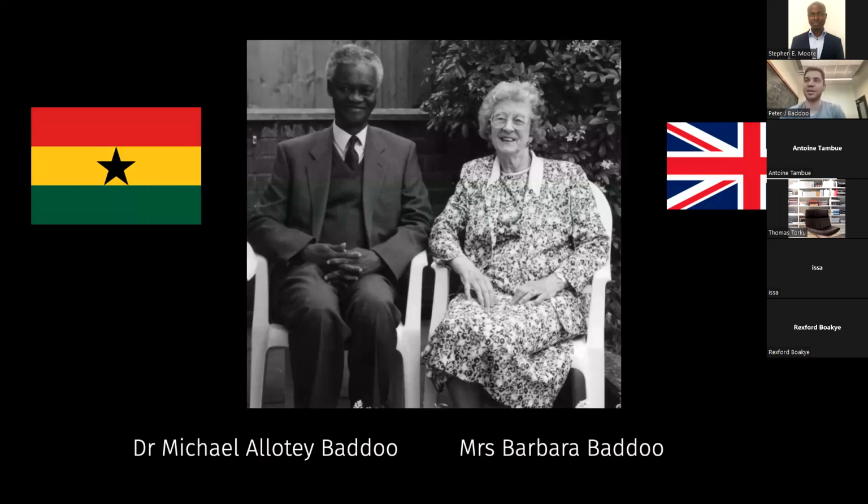I should have included a picture of it. They met during the Second World War when my grandmother was evacuated to Cambridge, and my grandfather was studying to be a medical doctor at Cambridge at the time. So I'm very grateful for the heritage that they've given me, and that it allows me to connect with Ghana and with the mathematics community.